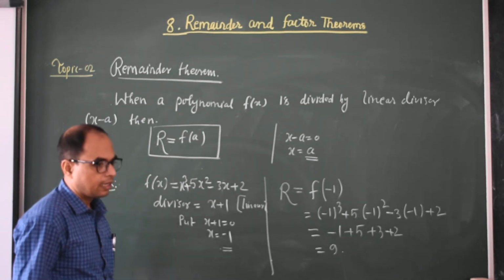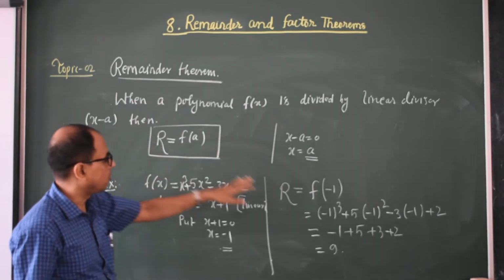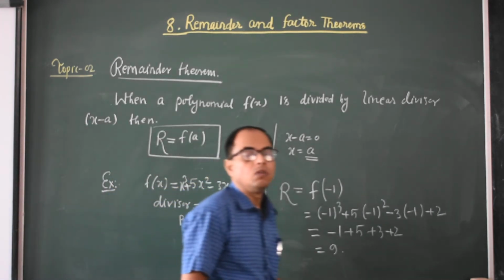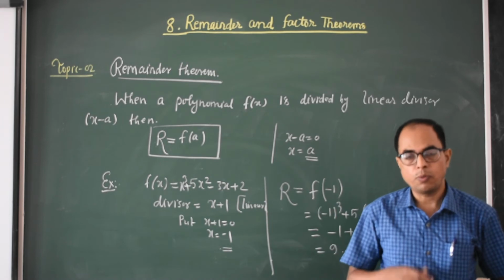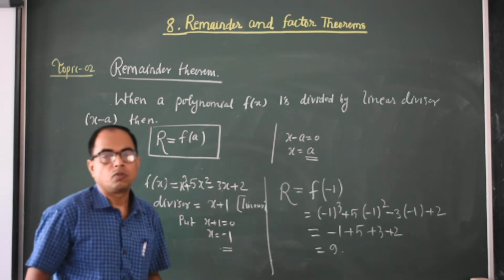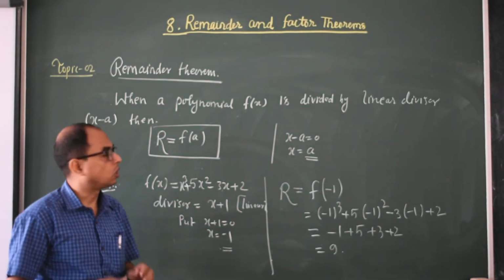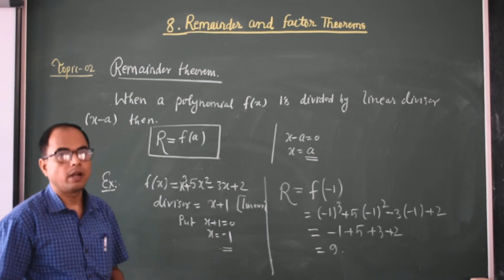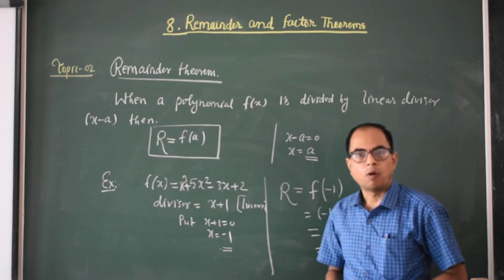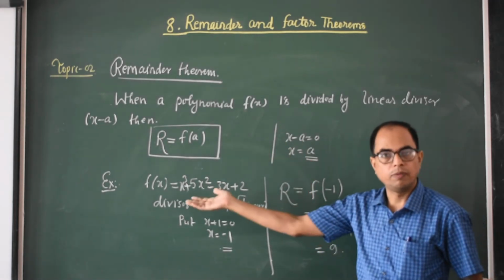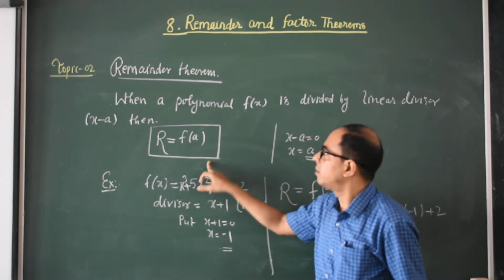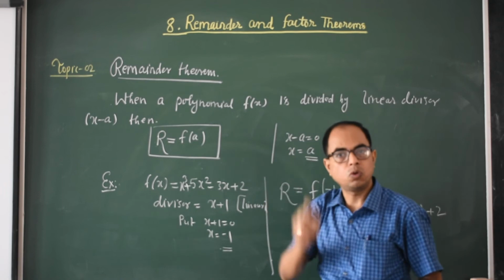Second, the remainder theorem gives the value of the remainder only. It does not give the value of the quotient. So if in the question you have to find the quotient also, there is no theorem for the quotient.